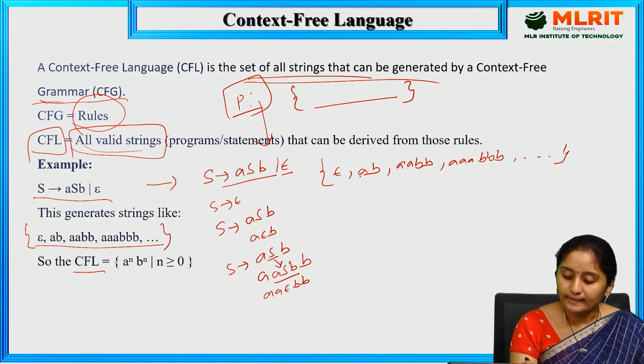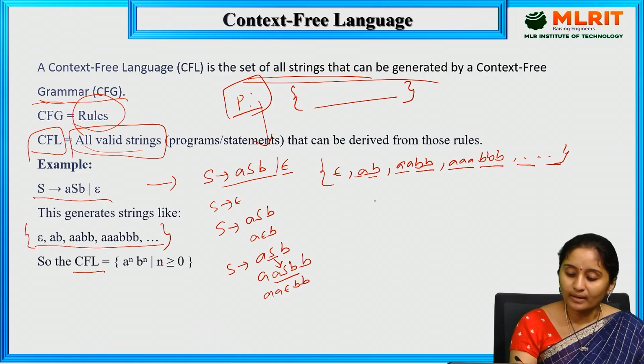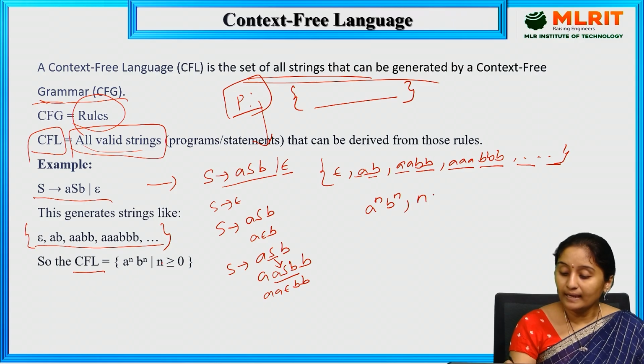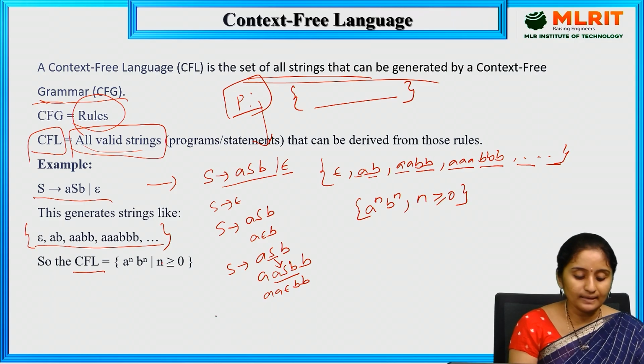So the number of A's and number of B's are the same. Here 1 A, 1 B. Here 2 A's, 2 B's. Here 3 A's, 3 B's. 4 A's, 4 B's. So it is A power n, B power n, where n is greater than or equal to 0.